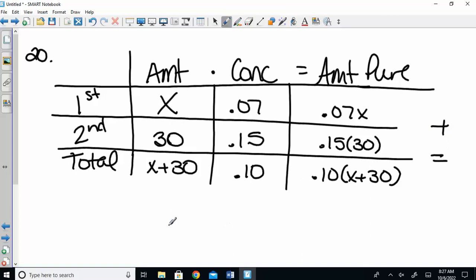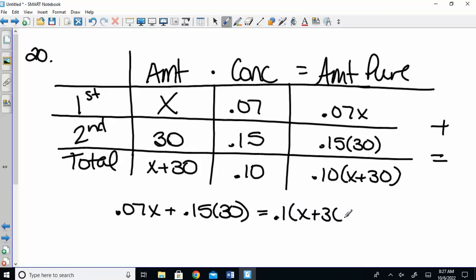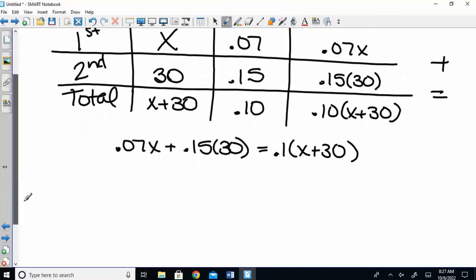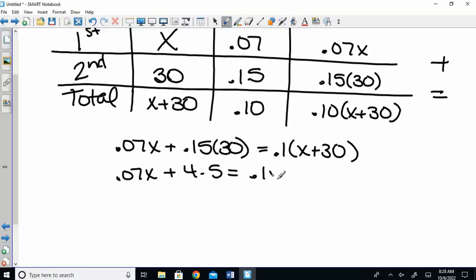So you add the first and second to equal your total. So 0.07x plus 4.5 equals 0.1x plus 3.